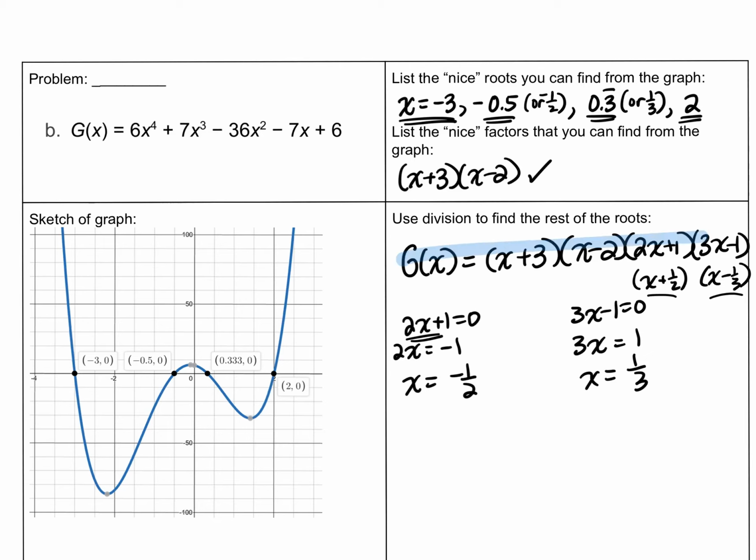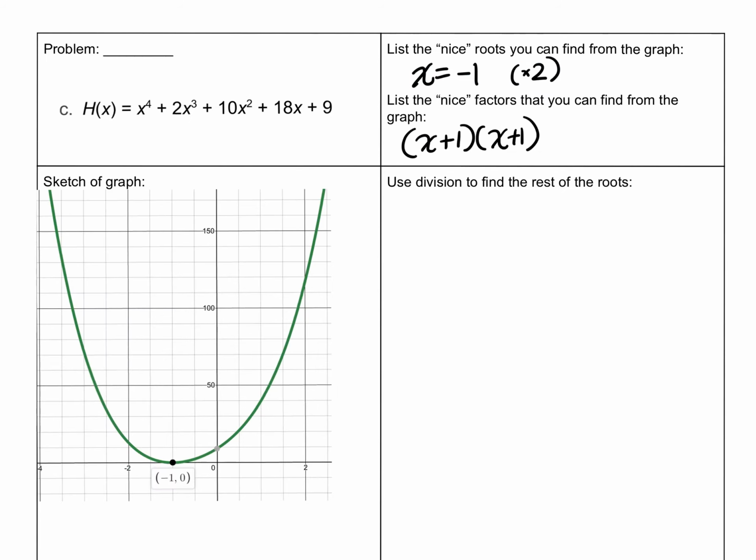That's why I wanted to show you this one, because that's actually the way we would write the factors. I'm just doing this above where the answers would go. That would be our factored form, and then our roots would be these, and you could write 1/3 or -1/2 as well.